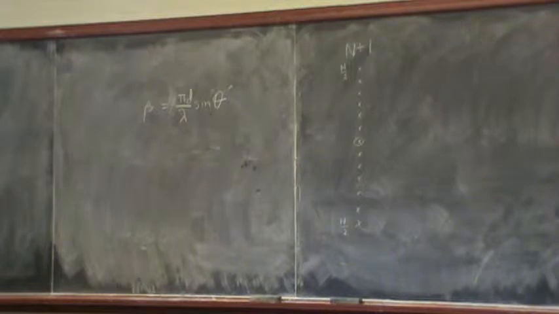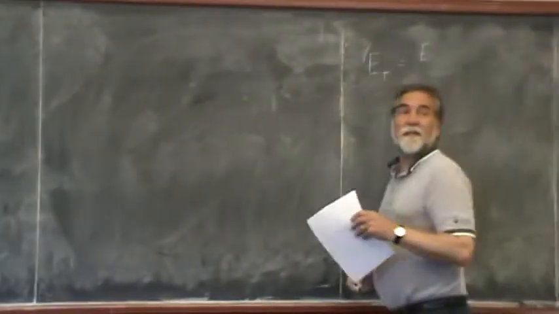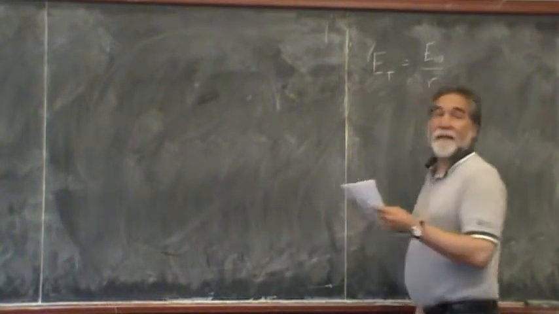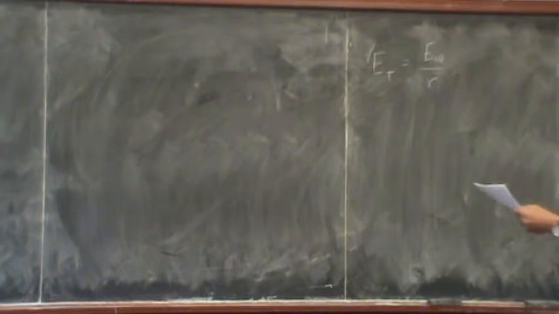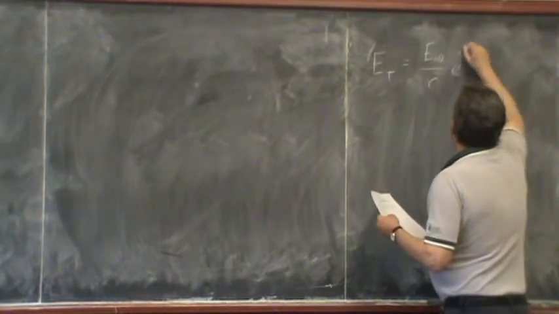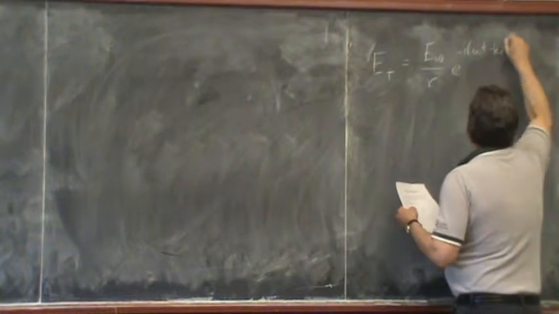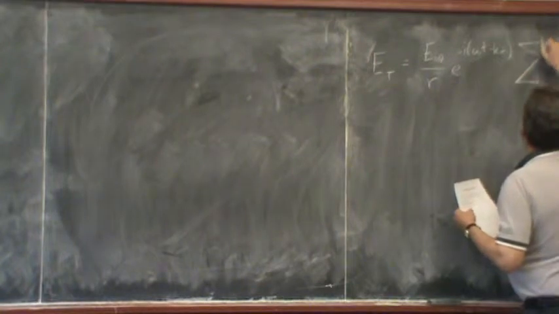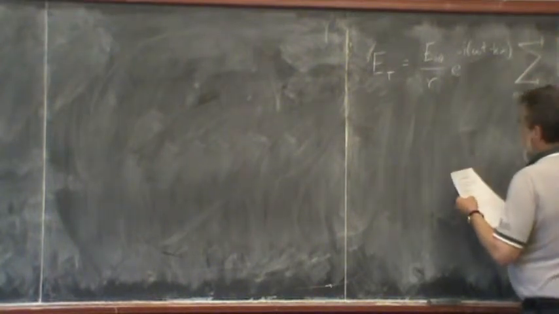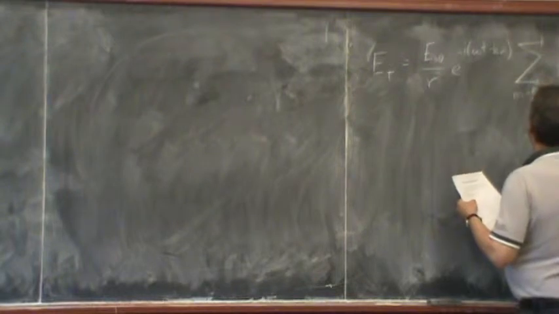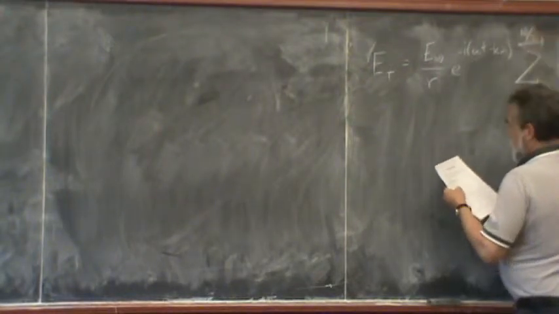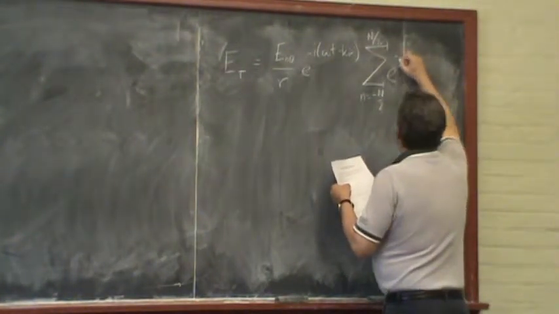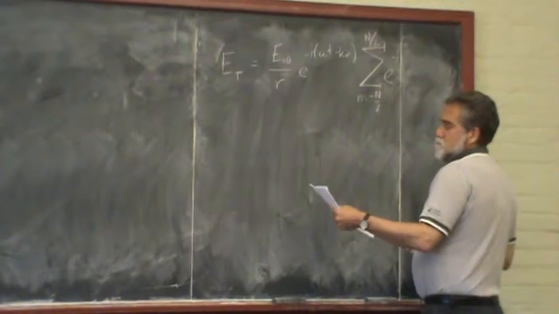The total field is, here's actually the only part where we're far, far away, E to the minus i omega t minus kr, times now the sum over all the antennas, n equal to minus N over 2 to N over 2. I didn't leave myself enough room. E to the minus i n.